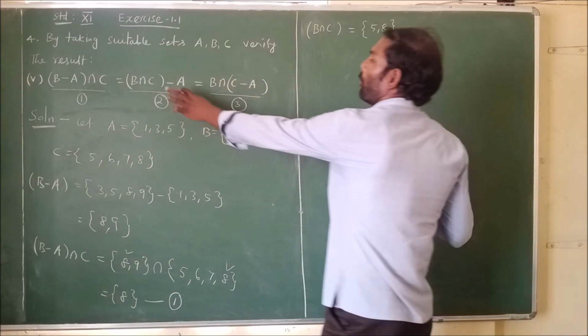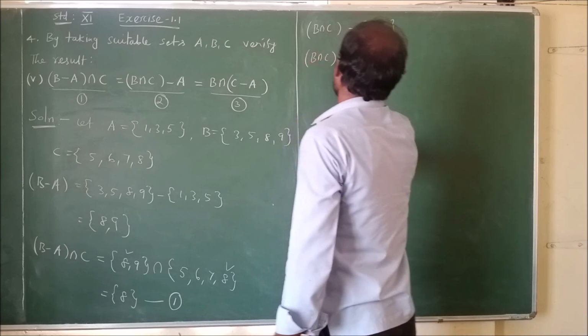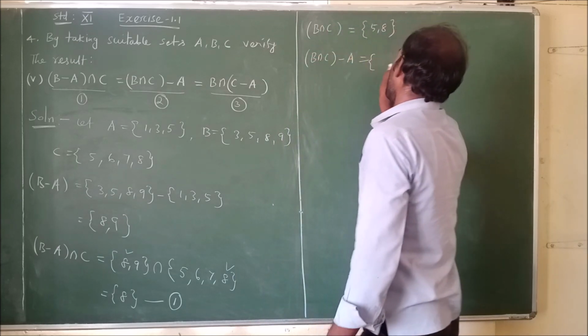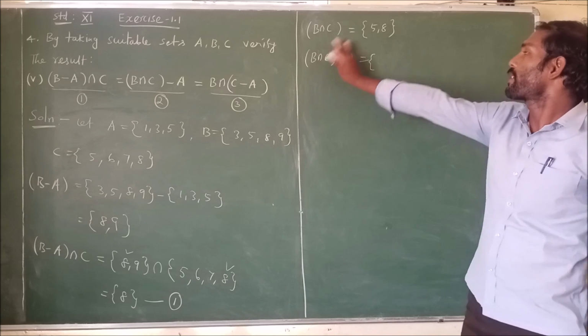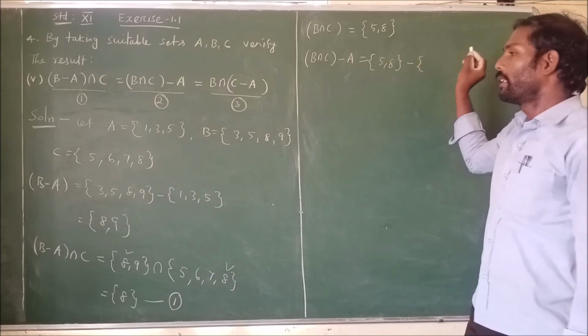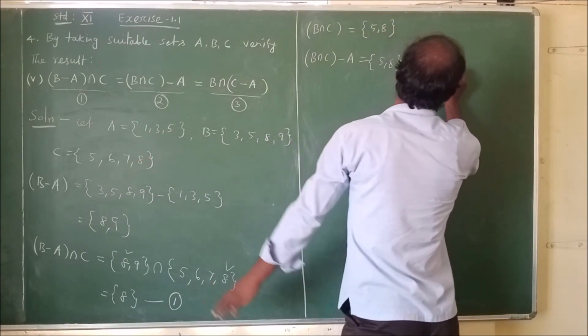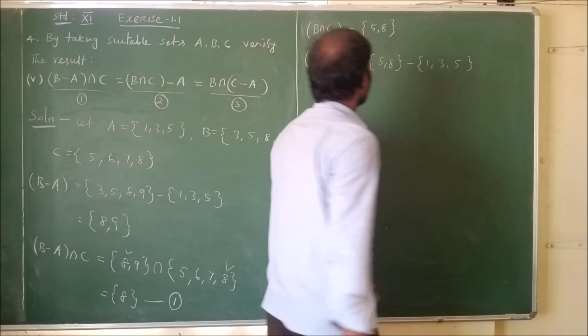Then B intersection C minus A equals B intersection C, which is 5, 8, minus the entries of A. A is 1, 3, 5.